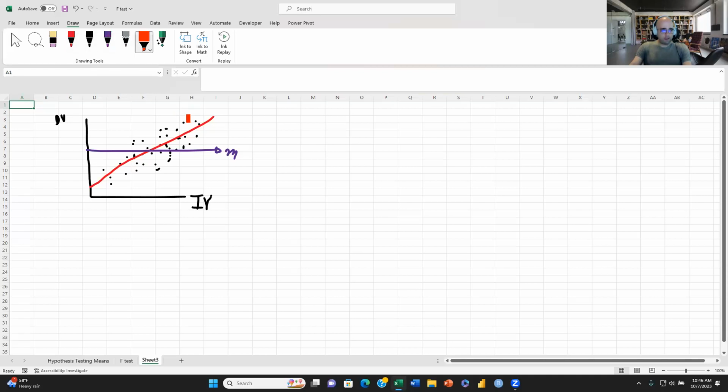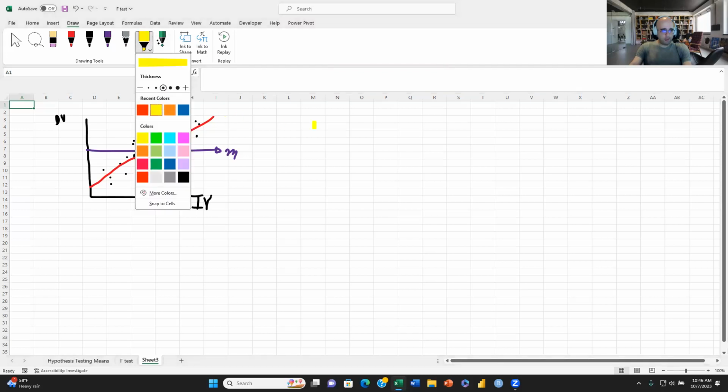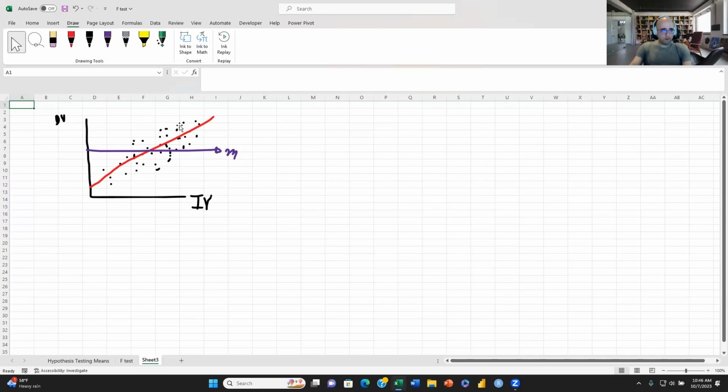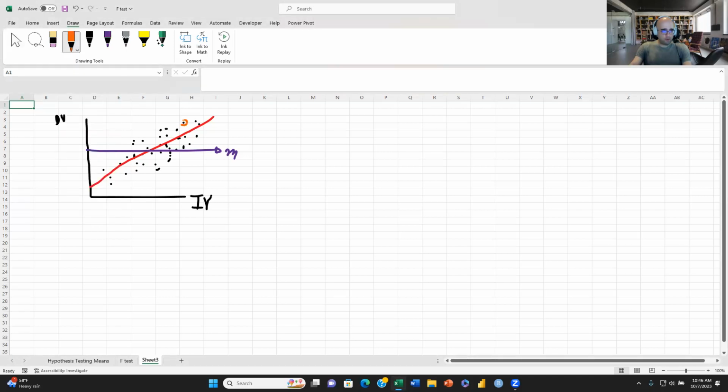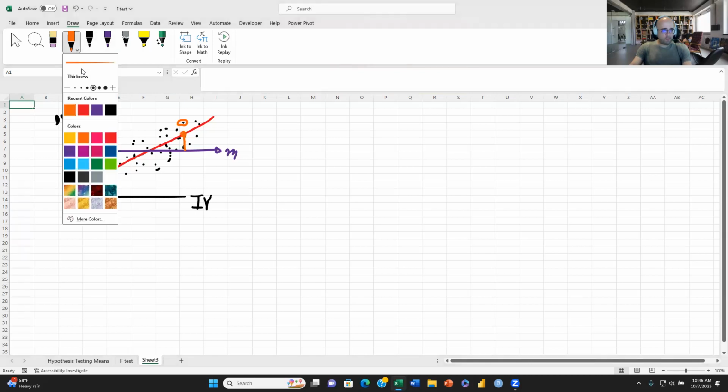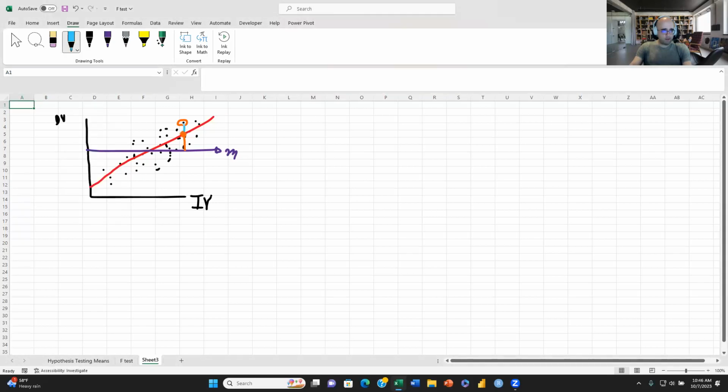We're going to focus on this data point right here. I'm going to do it with a pen. Going to this data point, there are two forms of variances here. Variance 1 is from the mean to the line of best fit. And then variance 2 is from the line of best fit to your data.